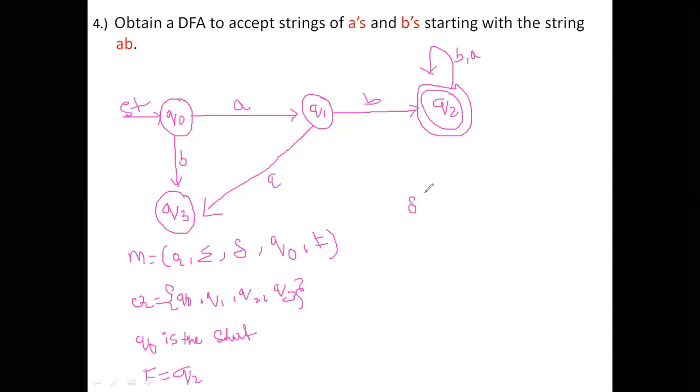That will be delta of Q naught on receiving A will be equal to Q1, right? Then delta of Q naught on receiving B will be equal to Q3. Is it right? Q naught on receiving B, we are coming to Q3 exactly. Then delta of Q1 on receiving A, we are entering Q3, right? Then delta of Q1 comma B will be equal to Q2.